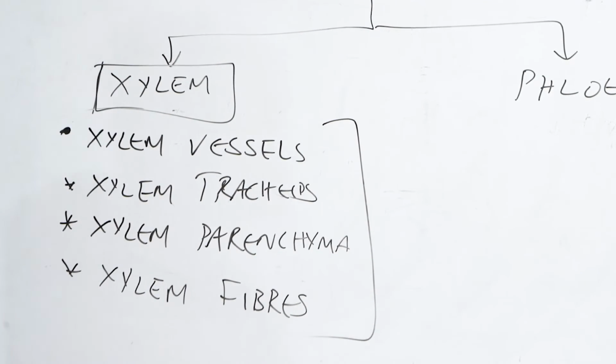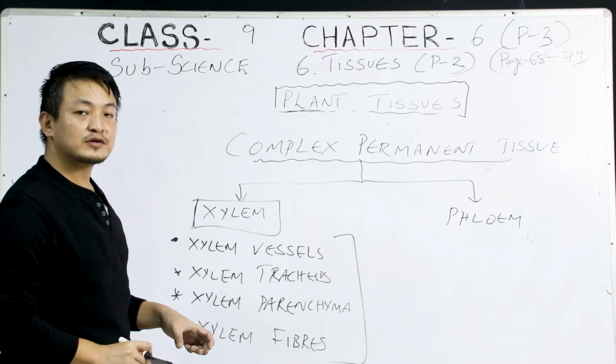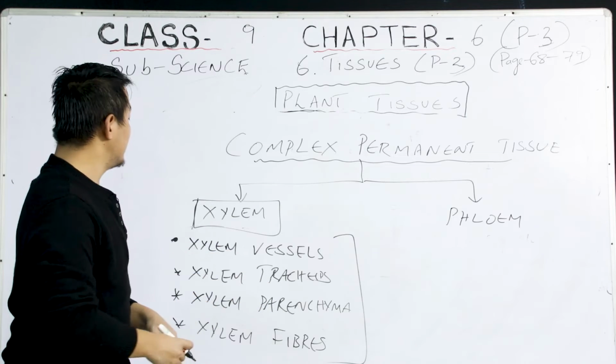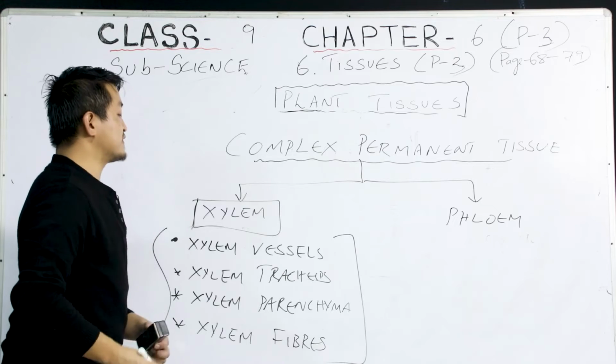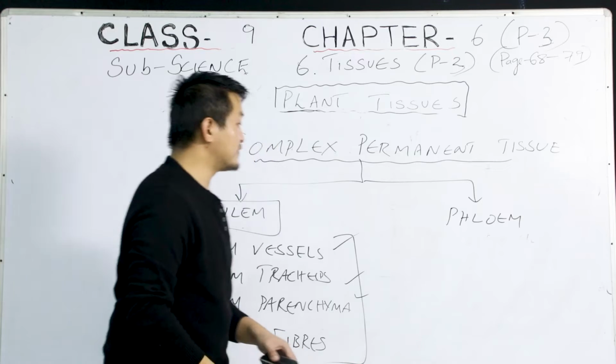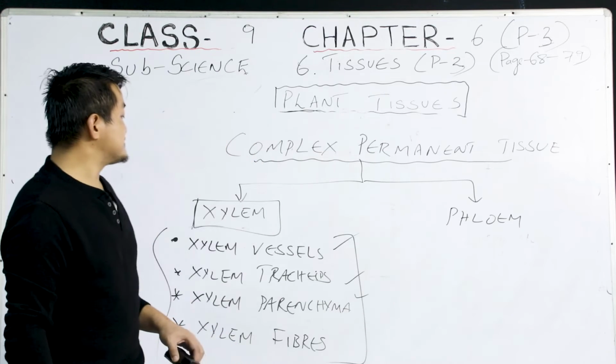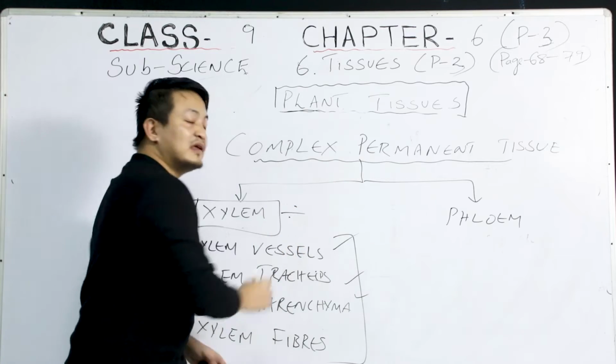Like I have said, in this chapter the names are very important, the functions are very important, and the occurrence is very important. Xylem consists of these four parts, so note down these four names. What is the main function of xylem?